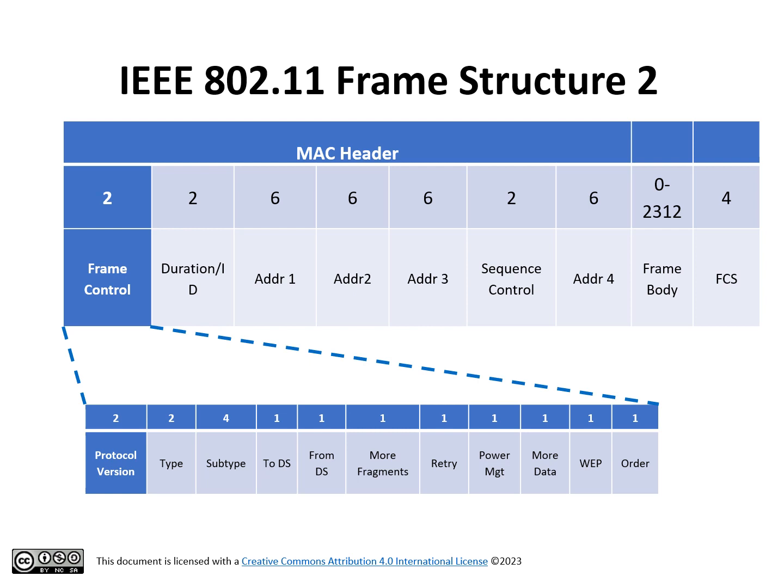The IEEE 802.11 Medium Access Control, MAC, frame structure is shown in the figure below and consists of a MAC header, the frame body, and a frame check sequence, FCS. The number of bytes for each field is also depicted.